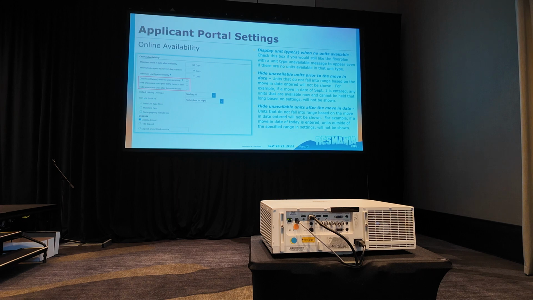I see 1 yes, I see 1 no. All right, so if you want to display the floor plan when there are no units available, we're going to get to a section here in just a little bit where you can put up a message that says whatever you would like it to say, but something along the lines of, we're sorry, there's no units available in this unit type.